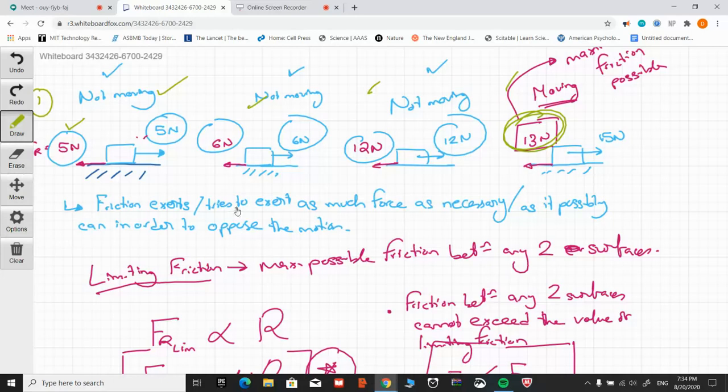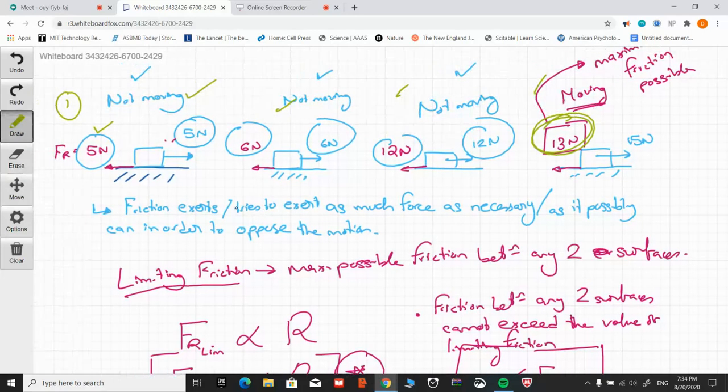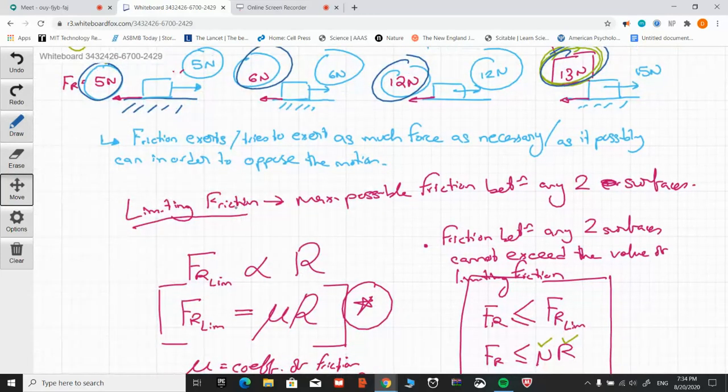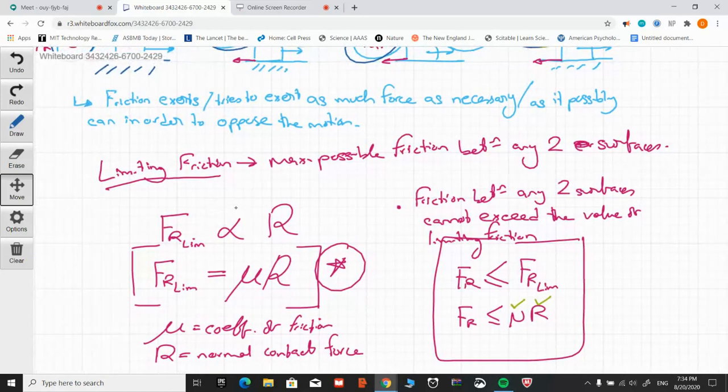In all the other diagrams, 13 was not required. Here 5 Newton was enough. Here 6 Newton was enough. Enough to do what? Enough to stop the motion. Here 12 Newton was enough to stop the motion. Here 15 Newton would be needed, but I don't have enough; the maximum capacity of this surface is 13, so I'll give 13. So maximum friction or limiting friction will not always act.